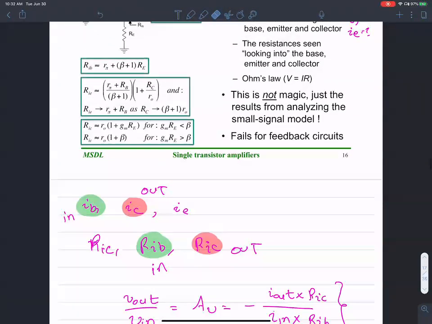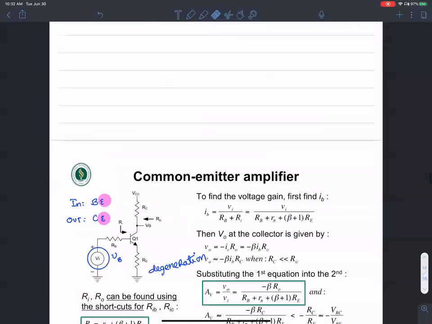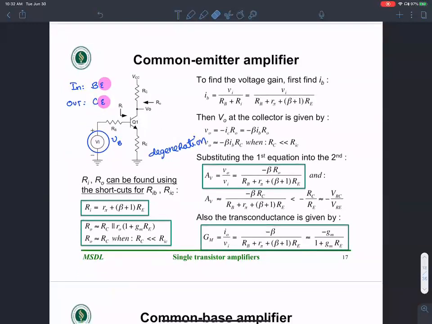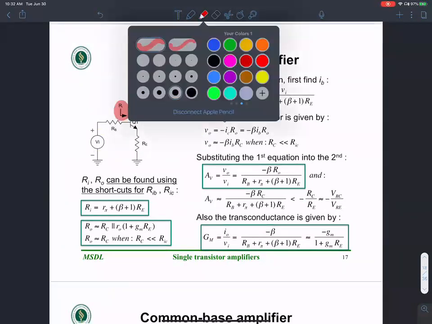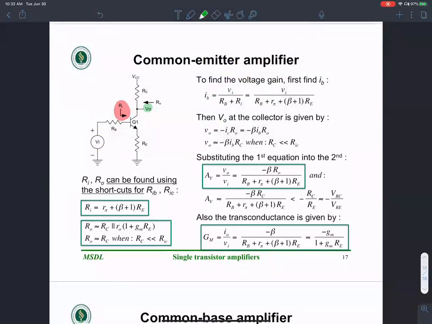Let's see. Common emitter amplifier. Let's see if we can use the idea that we discussed so far. The common emitter amplifier input is on the base, the output is on the collector.